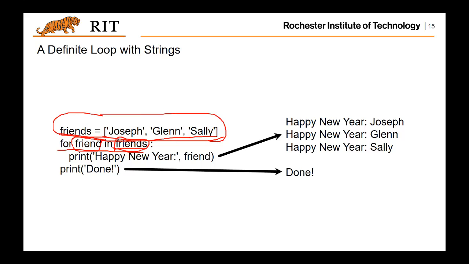So what it does is print Happy New Year with a friend. That is one of the elements inside the friends array, and it will follow the order from the first one to the second and the third and so on and so forth. So it turns out these 3 lines of sentences will be printed, all right?